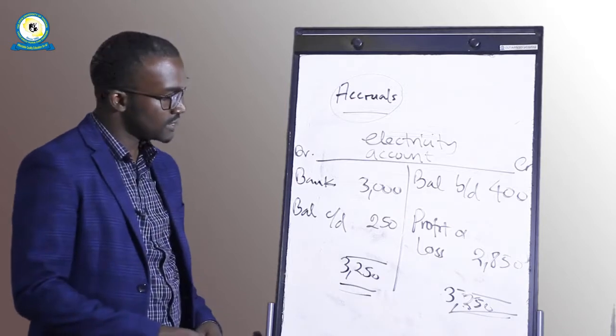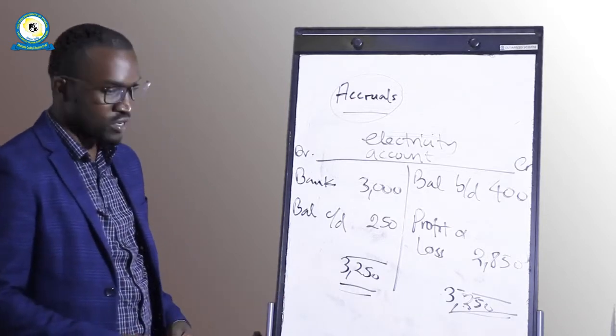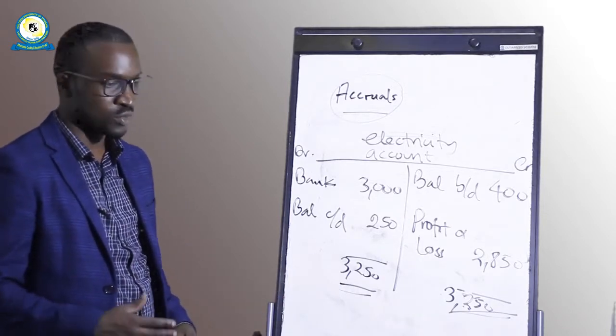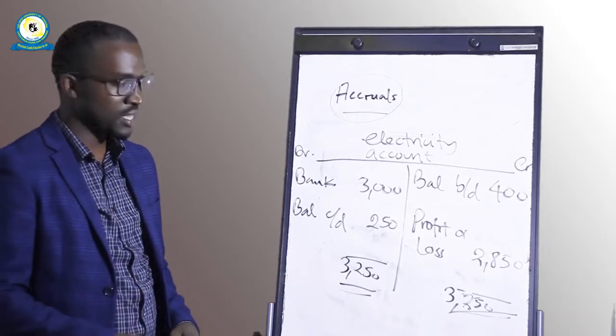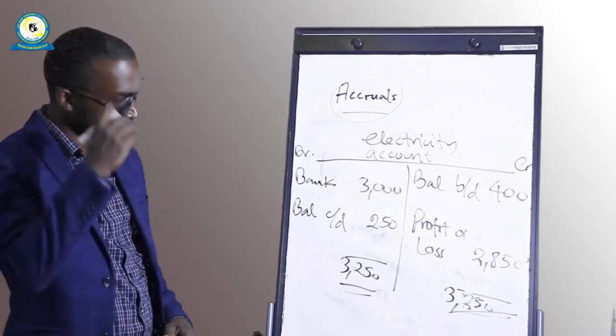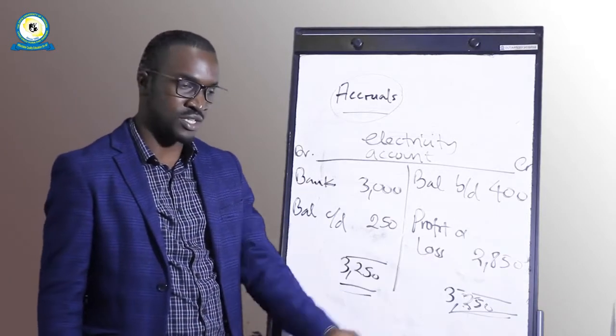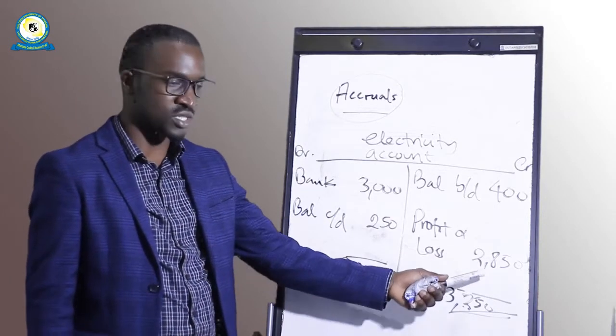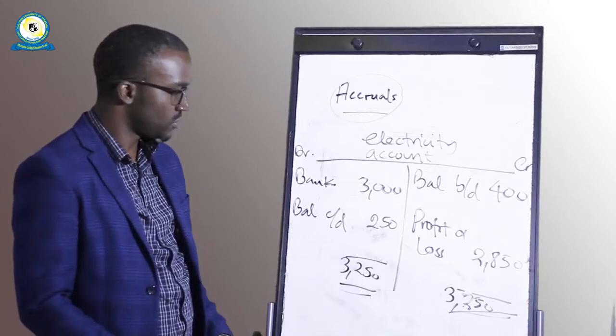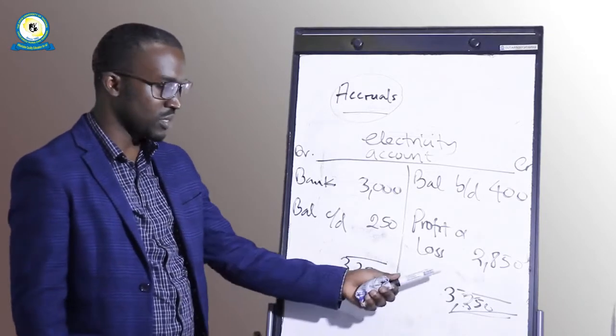Now let us see what figure should be taken to the income statement and what figure should be taken to the balance sheet. The profit and loss statement is the same as the income statement, so definitely we know this figure is the one that is going to be taken to the income statement on the debit side.